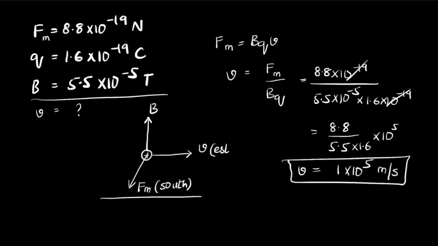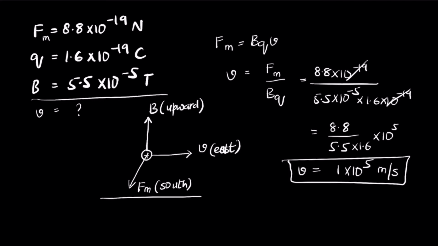V is east and B is upward. Then Fm is going to go towards the south. This is the direction in which you generally see the magnetic force. So this is how you can calculate the directions. Remember that all of them are perpendicular to each other.